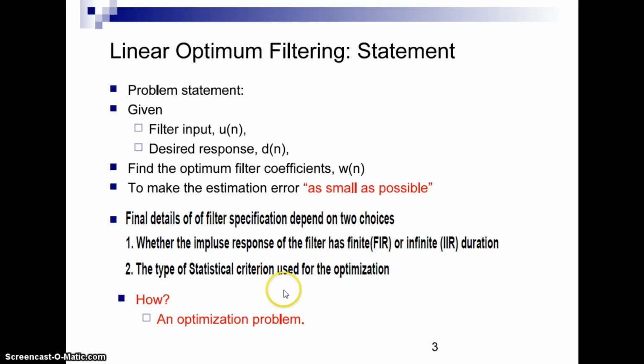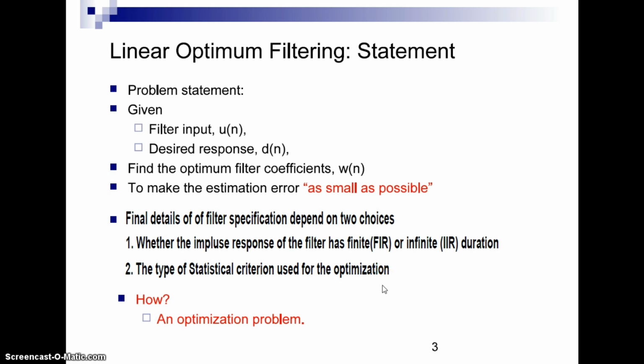Then coming to the next issue, the type of statistical criteria used for the optimization. When we come to this second one, we find that there are indeed several criteria that suggest themselves.